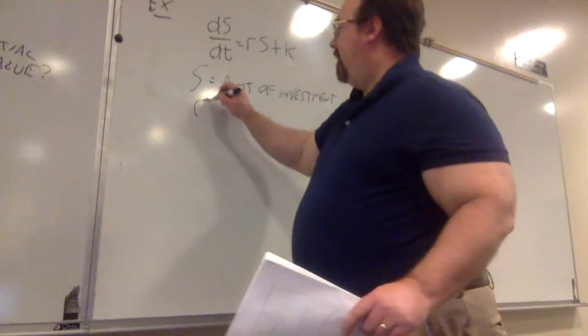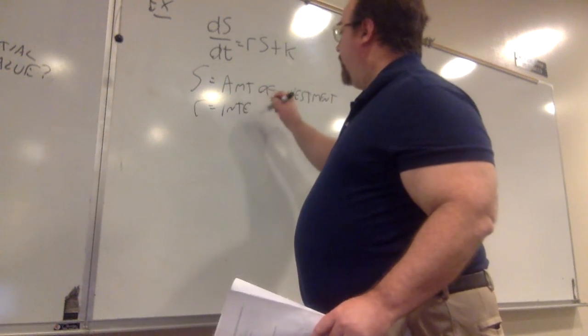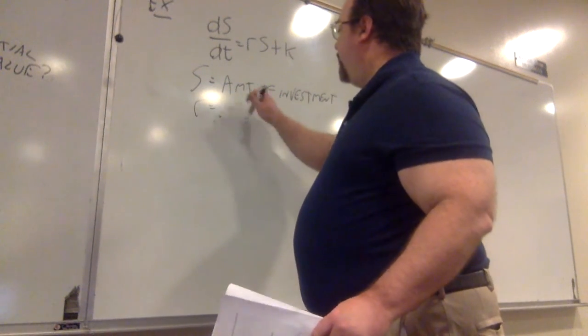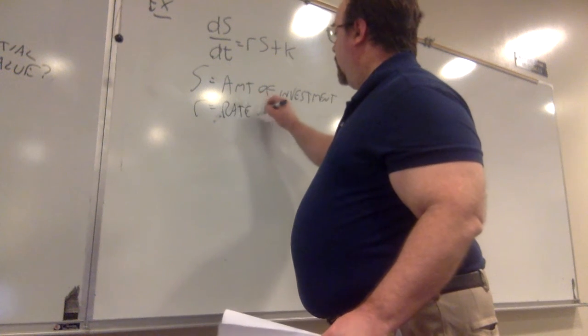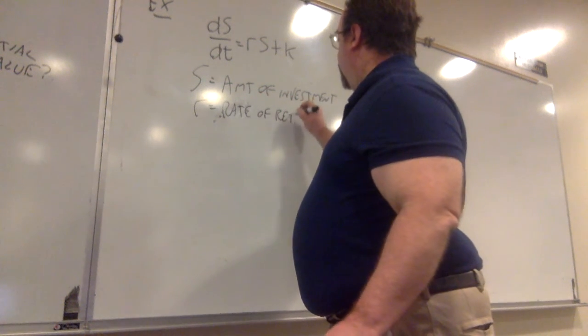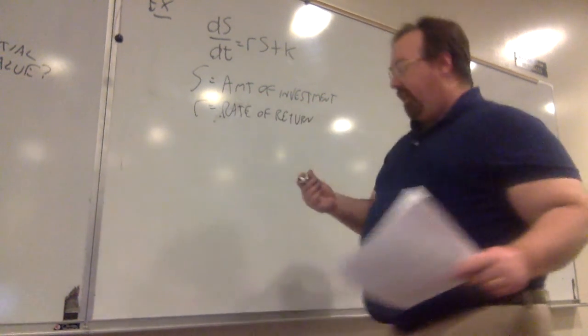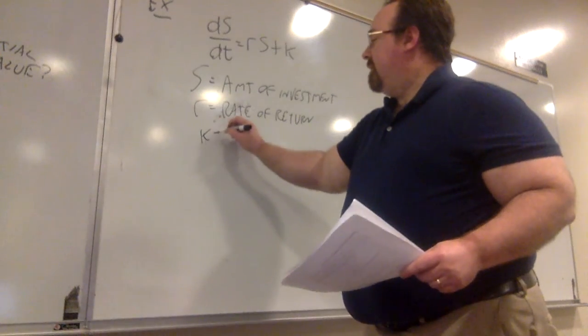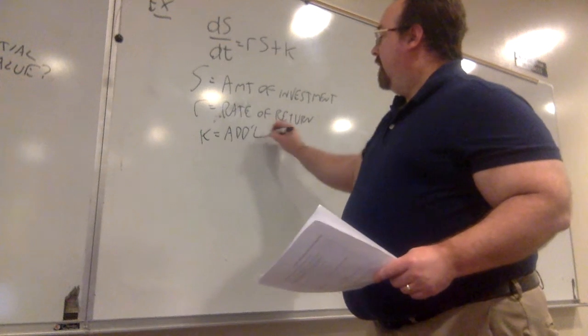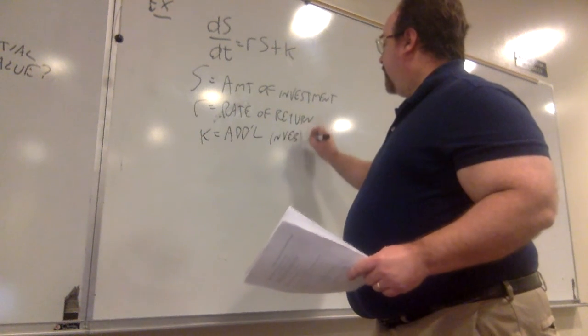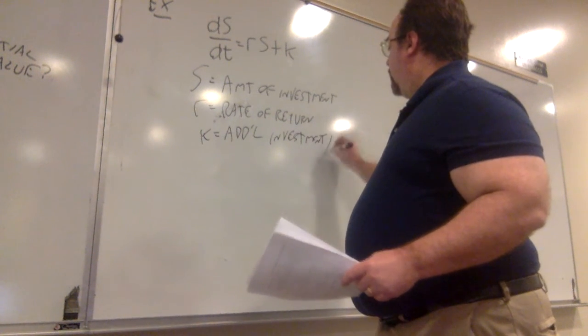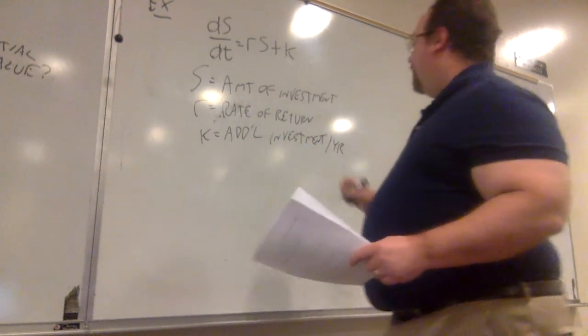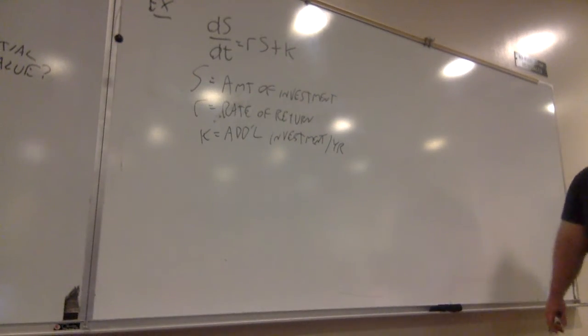R, since it's an investment, is a rate of return. And then K is additional investment per year, since t is in years.